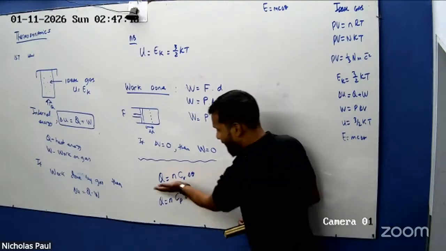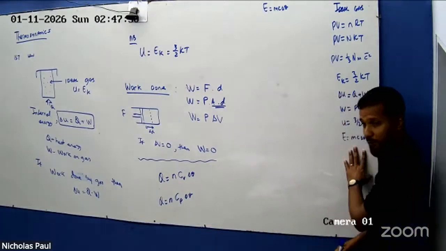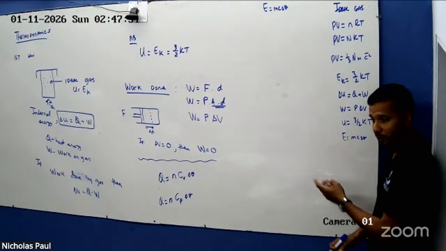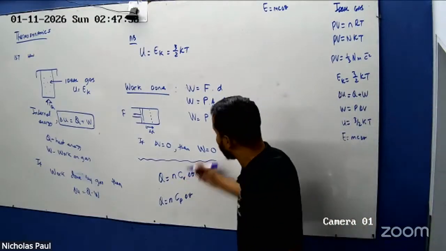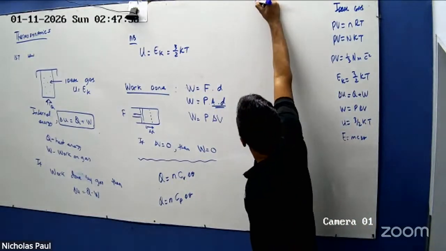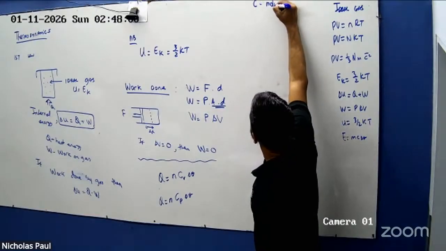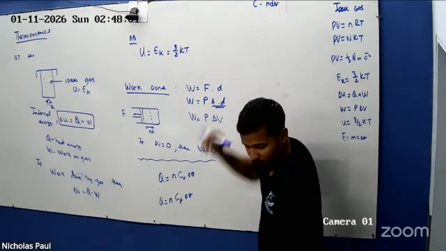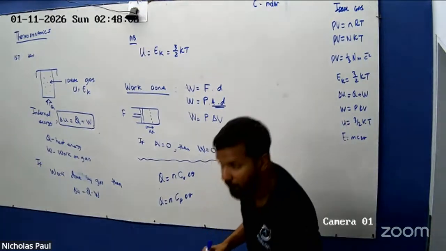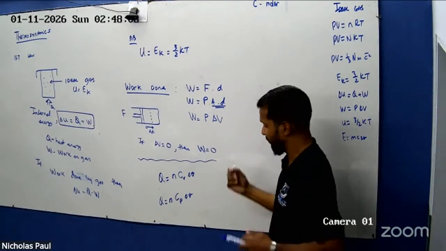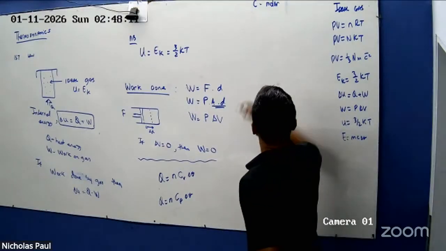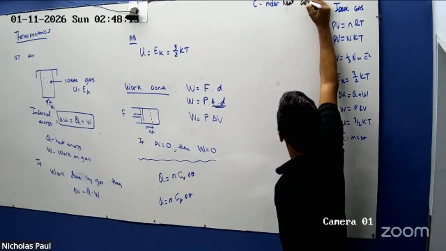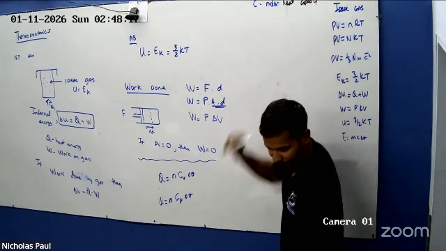So this relationship comes from this, but instead of mass, we use moles. So that quantity C is what you call your molar heat capacity.